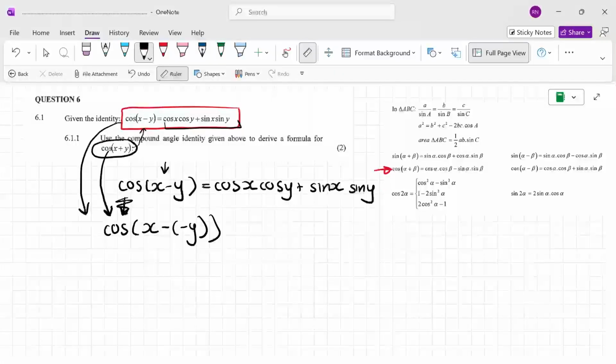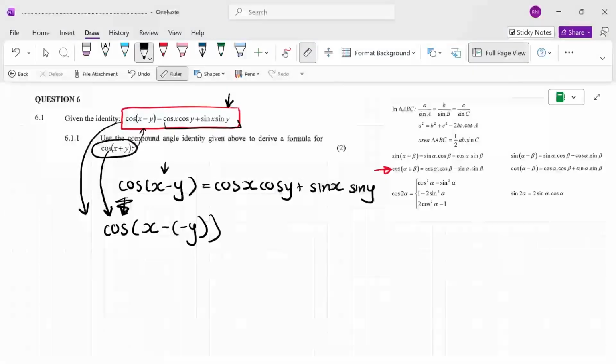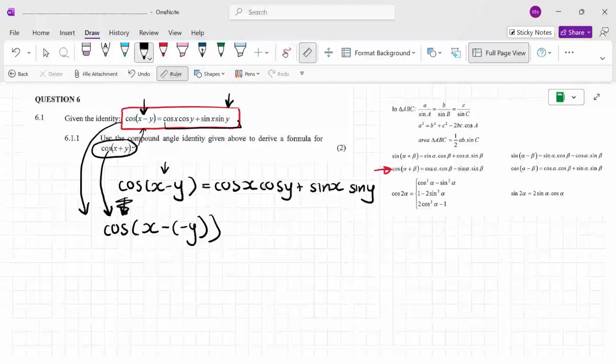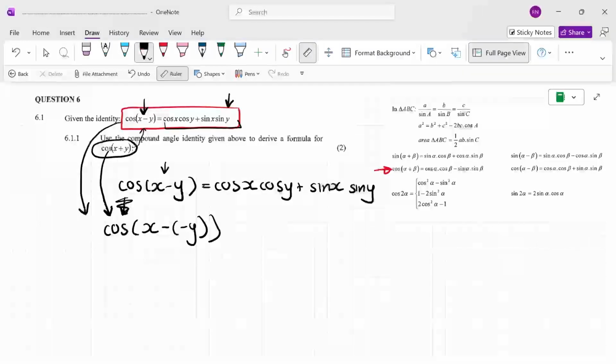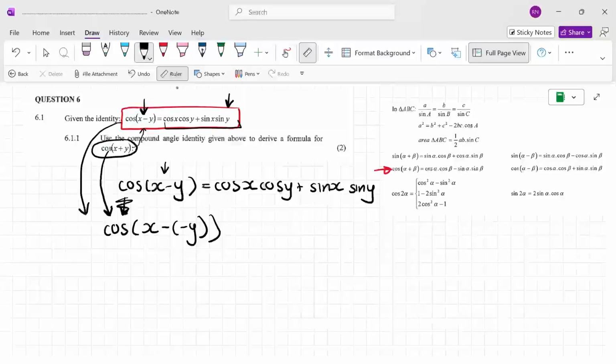It's still the same thing because I can multiply this negative in and it'll give me cos of x plus y, but I want it to be a minus because my formula here has a minus. So I want to rewrite this with a minus still, but a change in this angle. Okay, let's see.